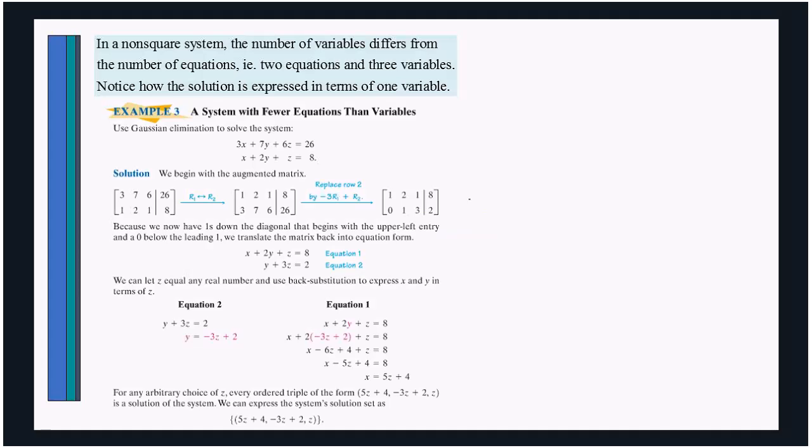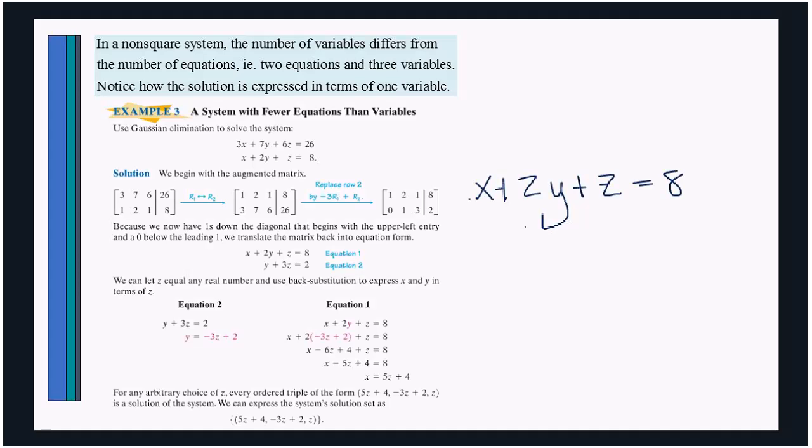And then I'm going to grab my pen. So looking at row 1 here, it's going to be x plus 2y plus z equals 8. And the second row tells us that we have 0x because there's a 0 in the first one, so we don't add that.